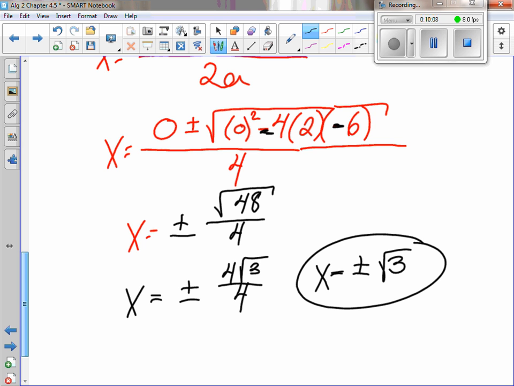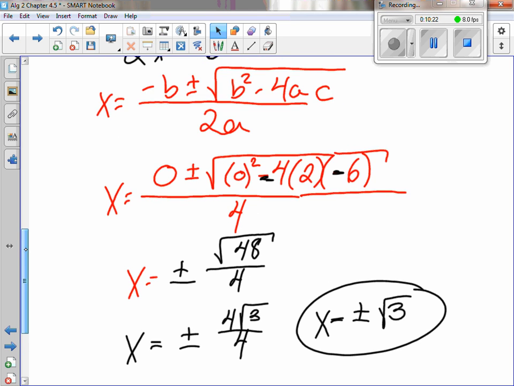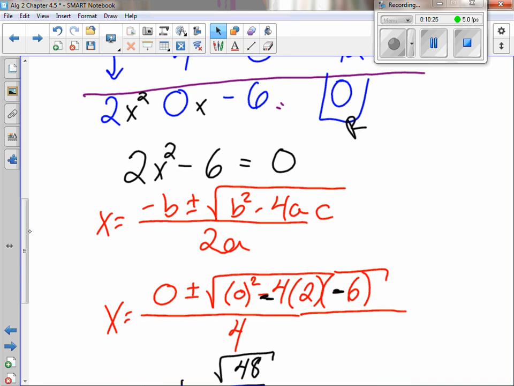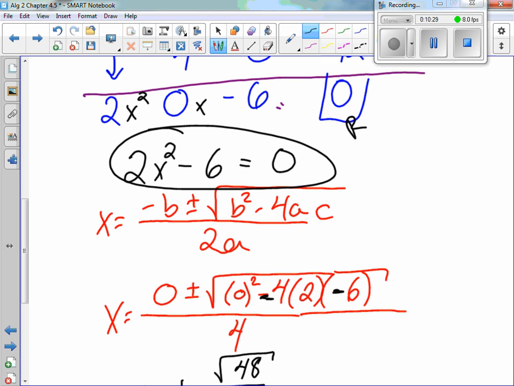Now, one thing I want to point out is that graphing almost gave us all the answers, yes? And that's a good place to start, because if I graph it, I get almost all the answers, and I was able to use those to reduce down to a quadratic, yes?